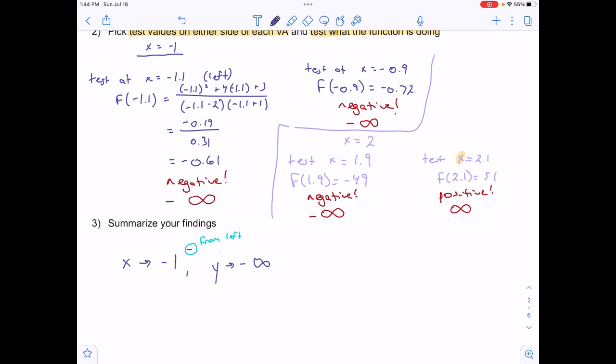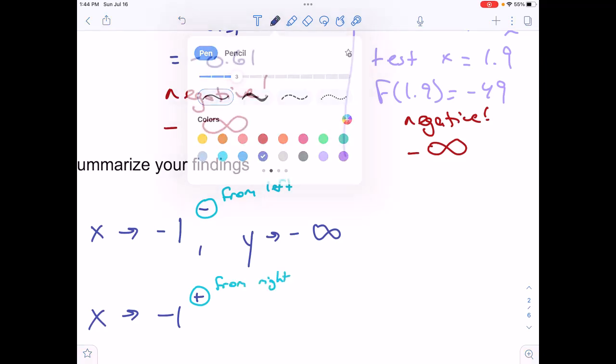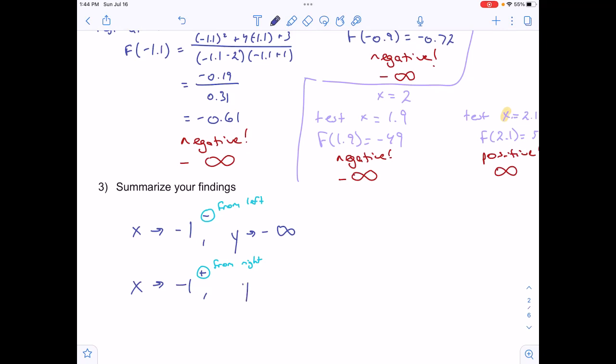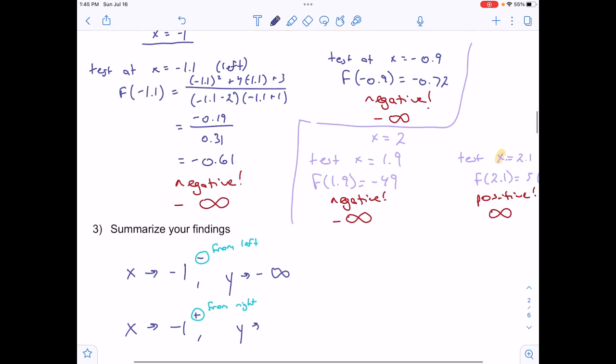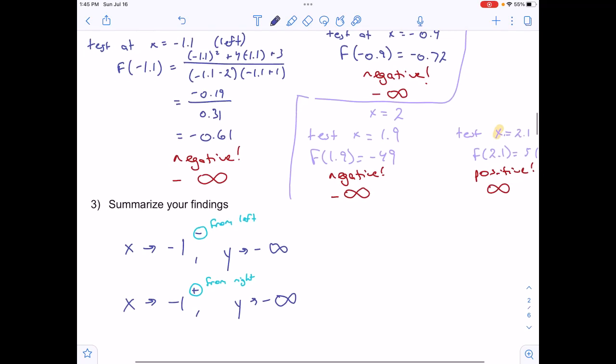We also tested from the right. As x approaches negative 1 from the right, the little plus sign means from the right. Y approaches, and we tested here, negative 0.9 got me a negative number again, so y went down to negative infinity.